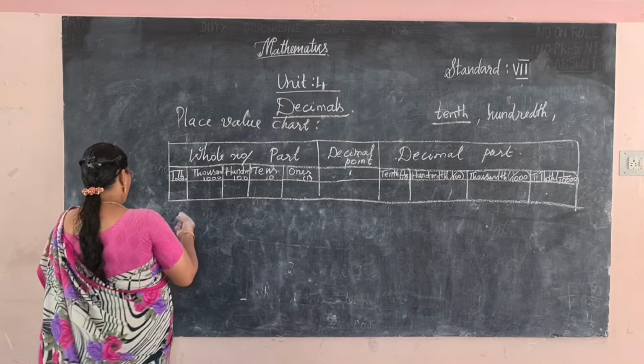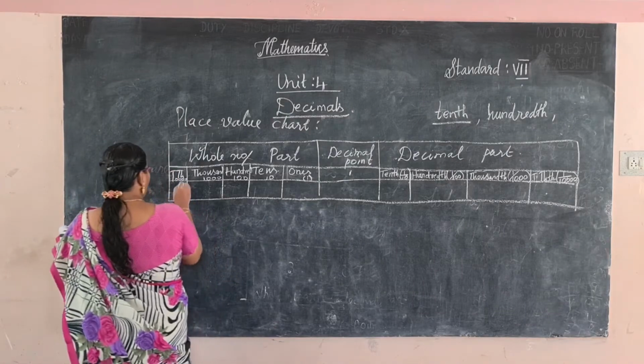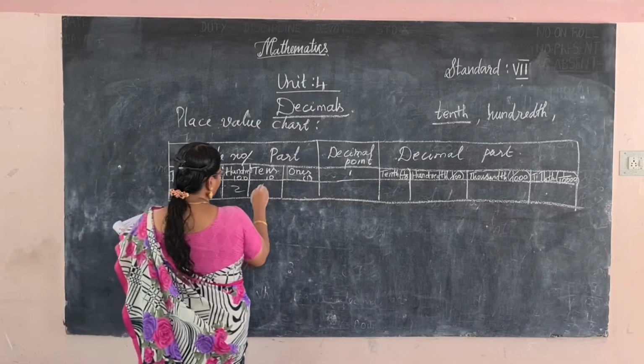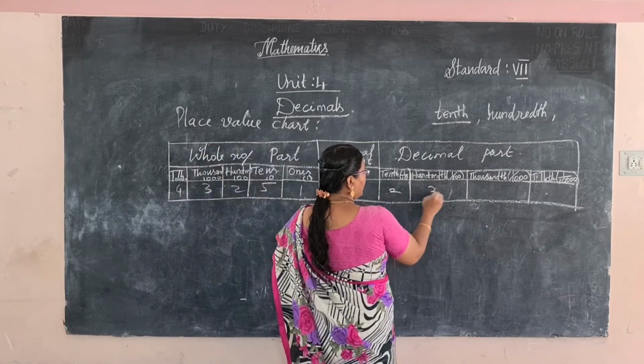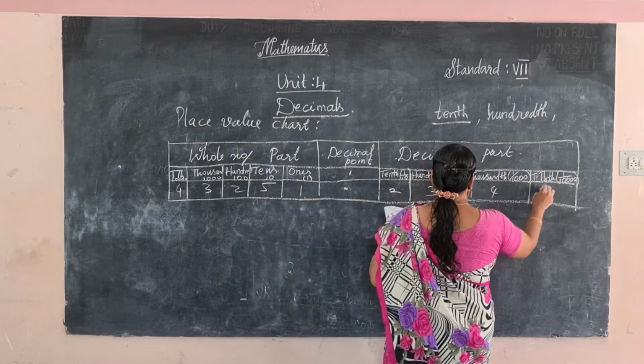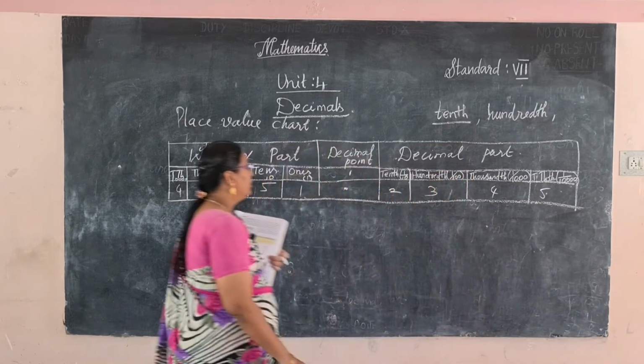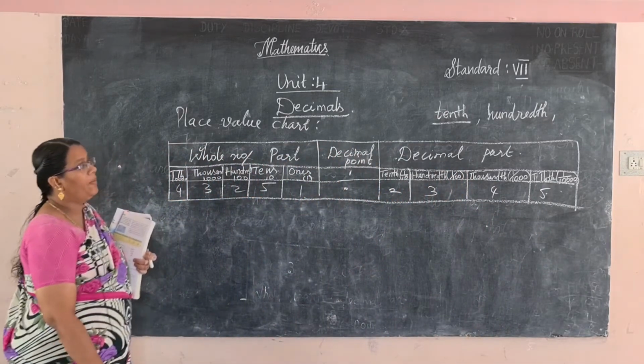For example, we consider the number 43251.2345. So how to read the decimal part?